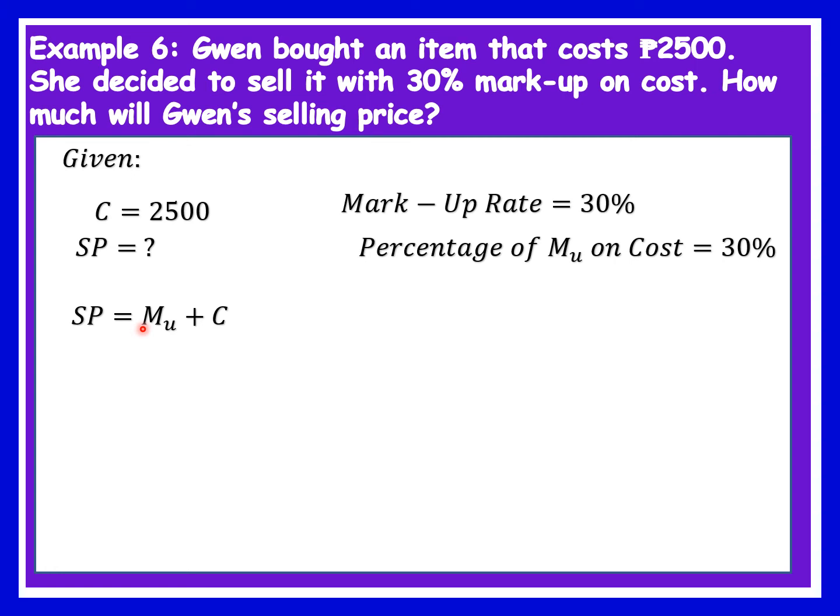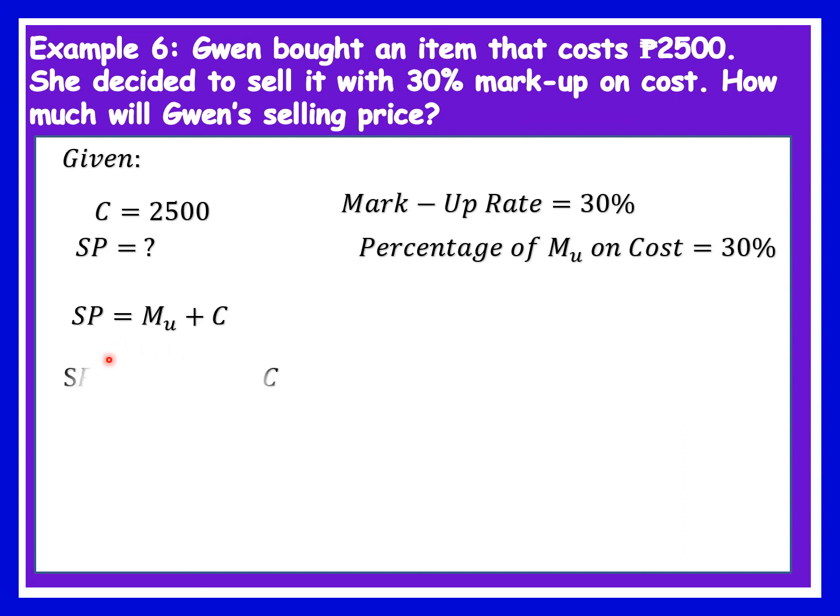If you are going to substitute the value of the markup, but it is not given there, we can replace this by the percentage of markup on cost, or the markup rate, multiplied by the cost to arrive at the selling price.